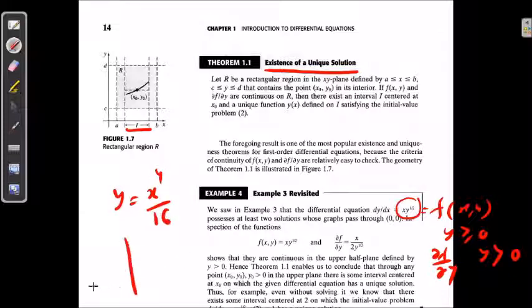You saw that the differential equation has two solutions, y equal to x⁴/16 and y equal to 0. But y equal to 0 is not possible because ∂f/∂y is not continuous at this point. So only y equal to x⁴/16 is possible. So from this theorem, we can identify the unique solution of a differential equation.